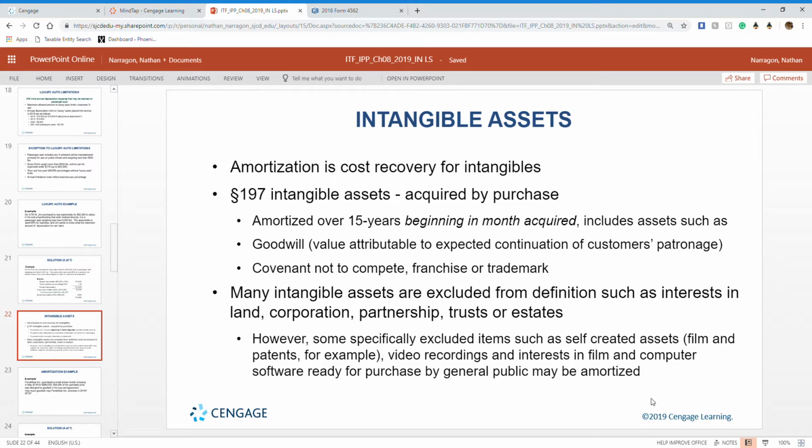So, other assets that we can have are intangible assets, and intangible assets include trademarks, patents, goodwill, all this stuff, and they have to be amortized over a 15-year period based on the month that it was acquired.